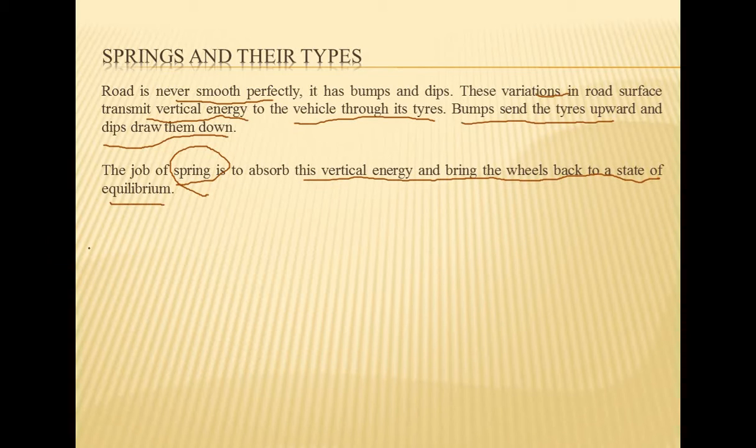In any condition, the springs have to absorb the energies which are obtained when the tires get on the bumps or get inside the potholes. So evidently the springs constitute the first line of defense when driving over road surfaces.